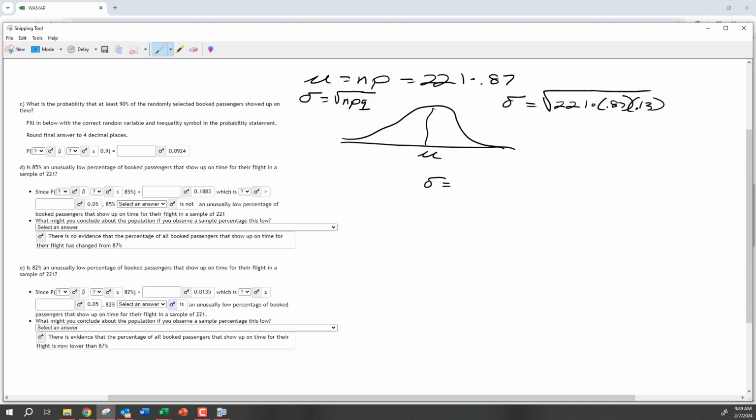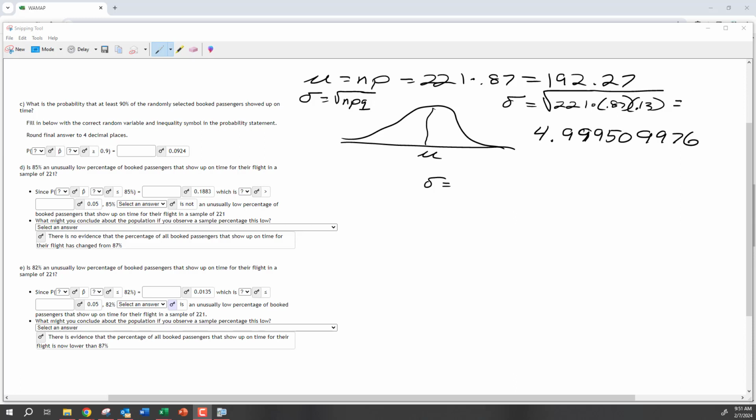So grab your trusty calculators and calculate both of those, and you should get these two results: 192.27 and 4.995, blah, blah, blah, almost 5.